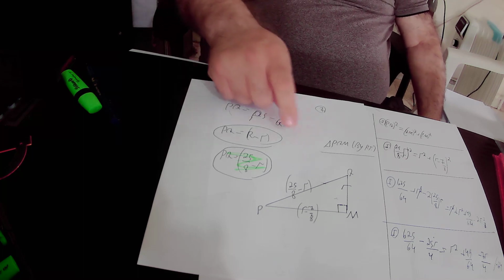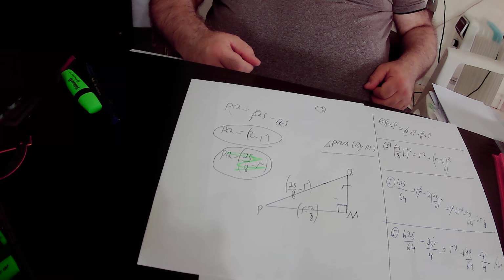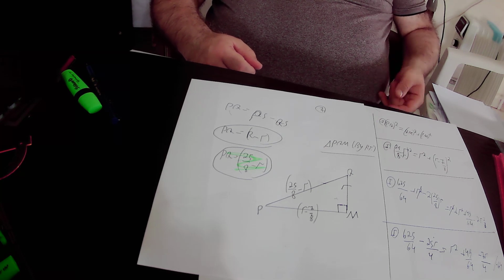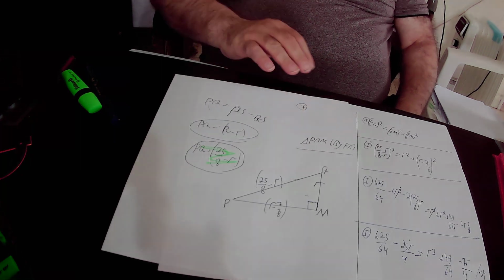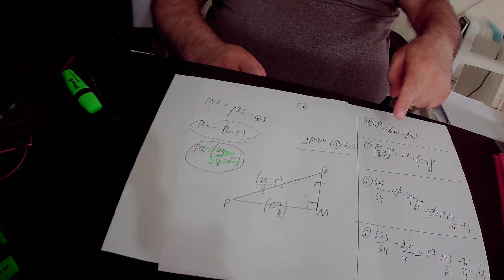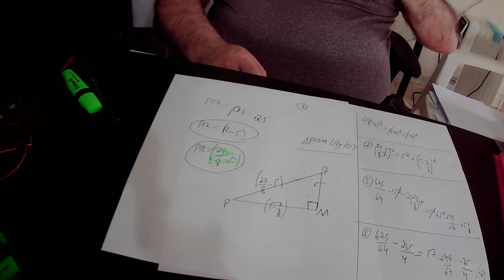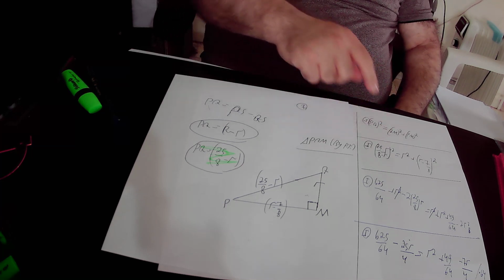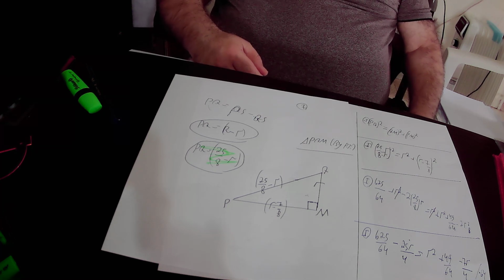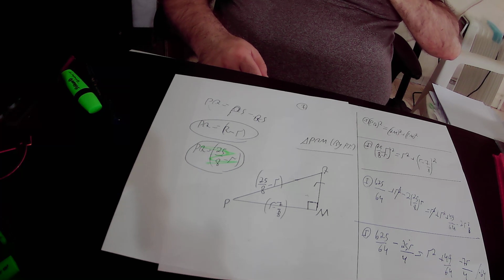The hypotenuse is PQ, so it must equal QM square plus PM square. PQ equals 25 over 8 minus r, so PQ square equals (25 over 8 minus r) squared. QM equals r, so QM square equals r square. PM equals r minus 7 over 8, squared. Okay.